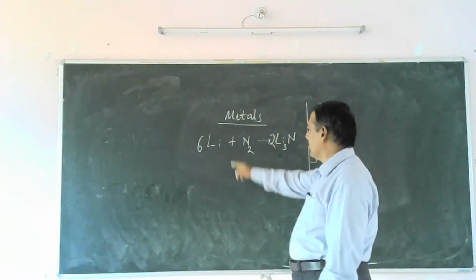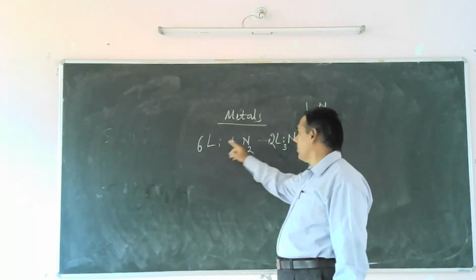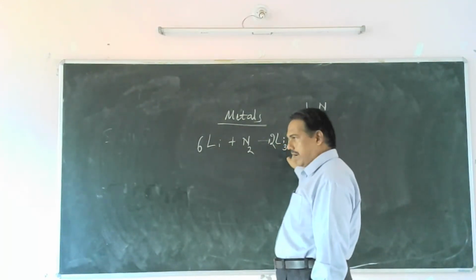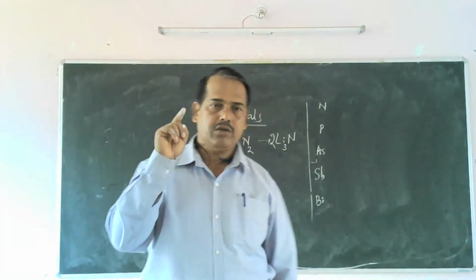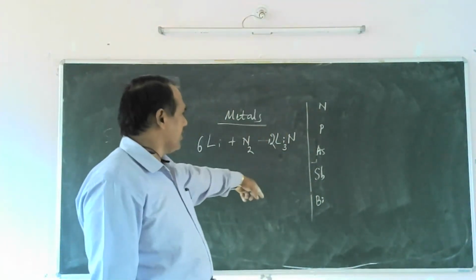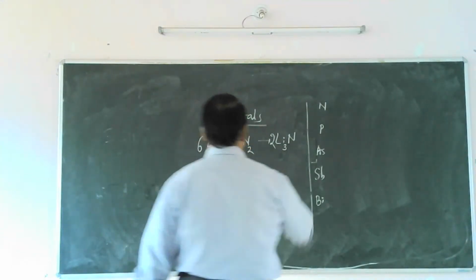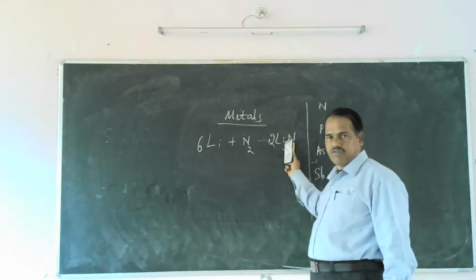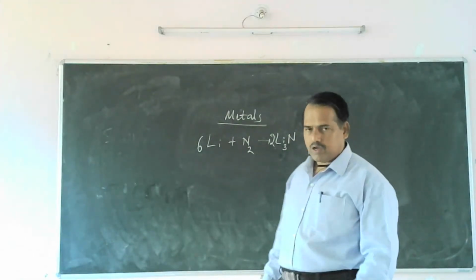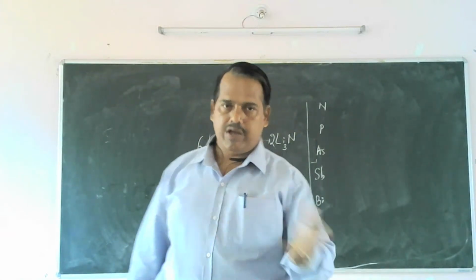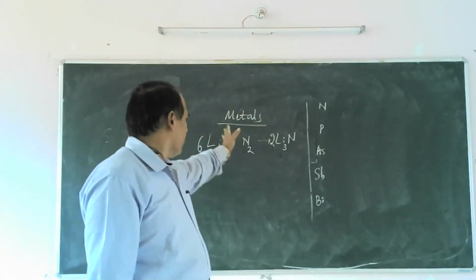Are you clear? It reacts with an alkali metal, so it forms lithium nitride. Like that, all the group 15 elements react with metals and form metal nitrides. These metal nitrides you can easily write. Again, it reacts with non-metals also, and there it forms covalent compounds.